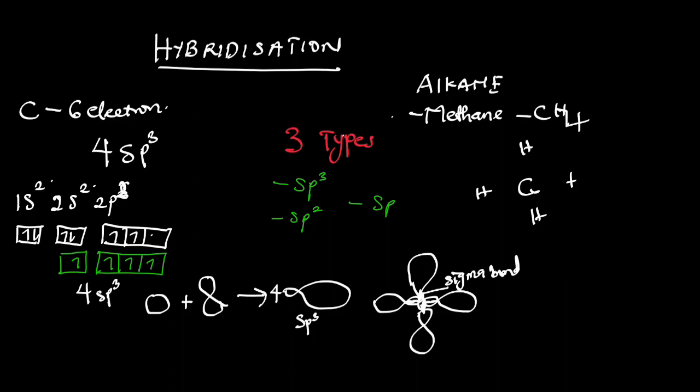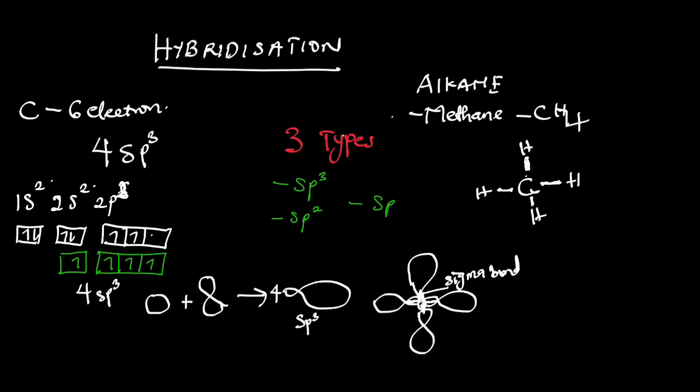Do you get? So one of the sp3 forms a bond with this, one of them forms a bond with this, one with this, one with this. Do you get? Forming something like this. So it forms 4 sigma bonds.